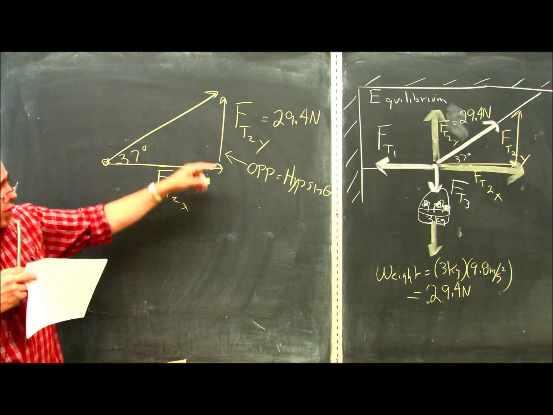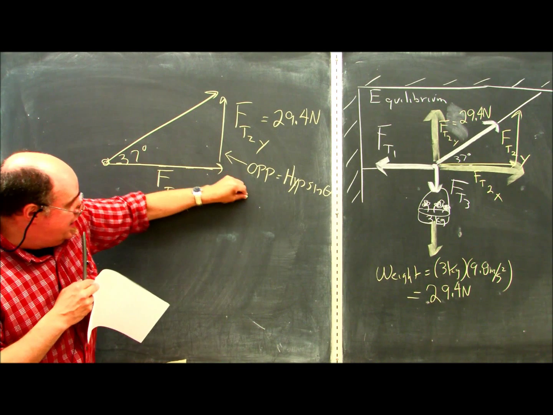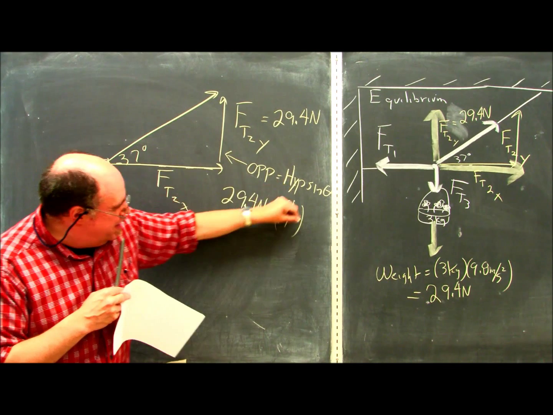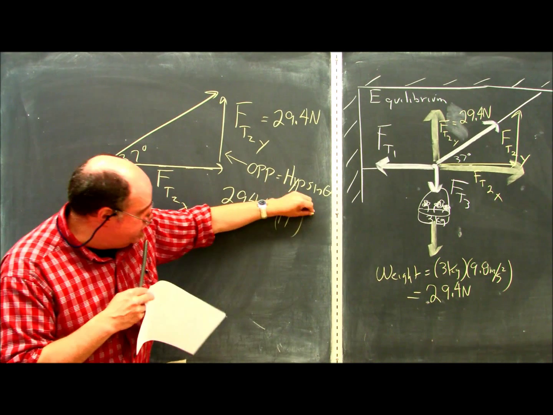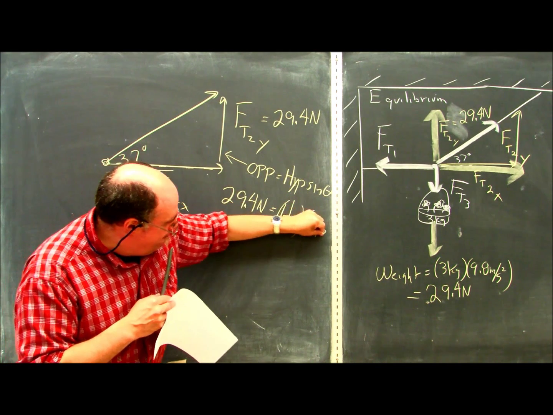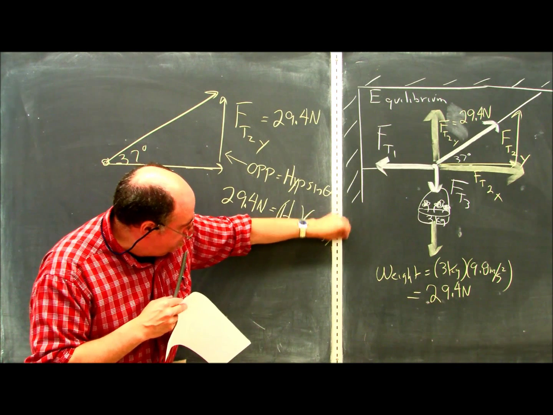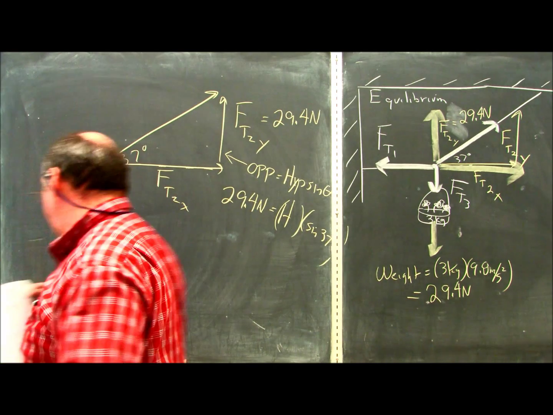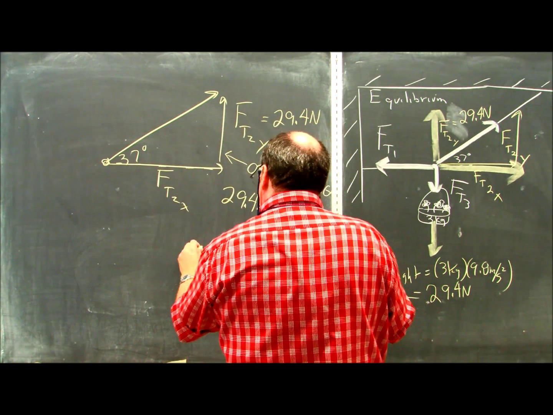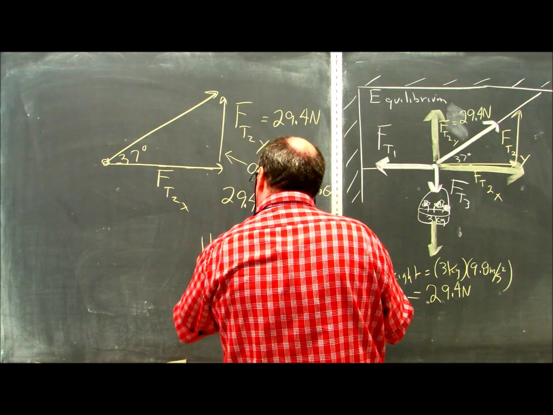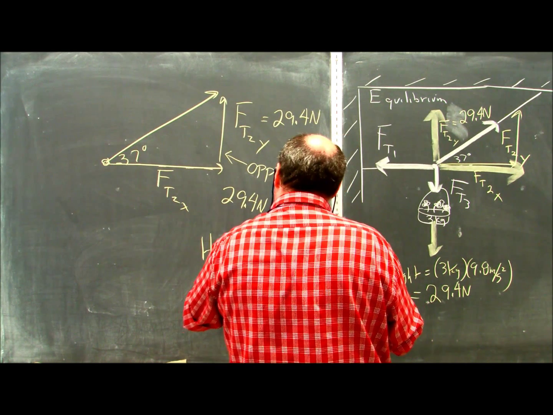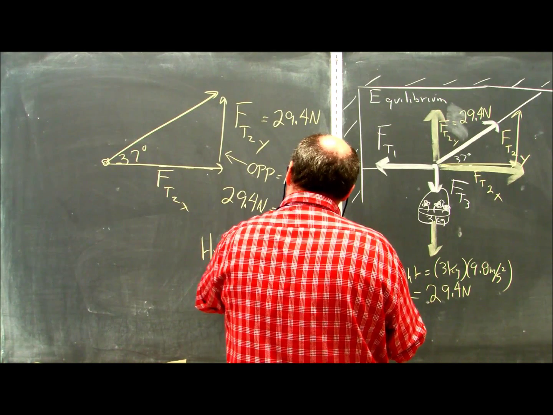So I know the opposite leg is 29.4 newtons, and I don't know the hypotenuse, but I do know the angle is 37 degrees. And so if I try to solve that, I will say the hypotenuse is equal to 29.4 newtons divided by the sine of 37 degrees.